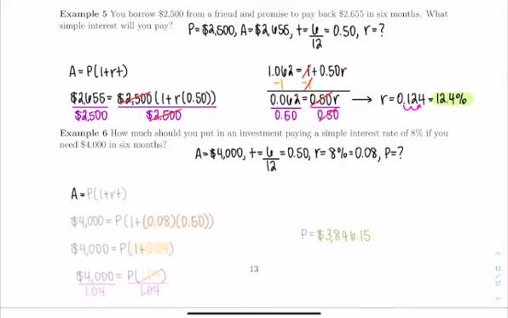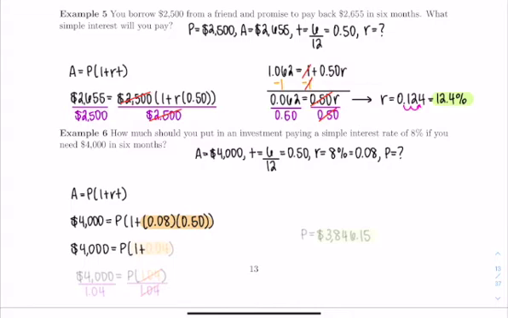So plugging into our formula, our A is $4,000 equals P times 1 plus R, which is 0.08, times T, or 0.50. So let's go ahead and simplify what we can. Let's go ahead and multiply inside our parentheses.